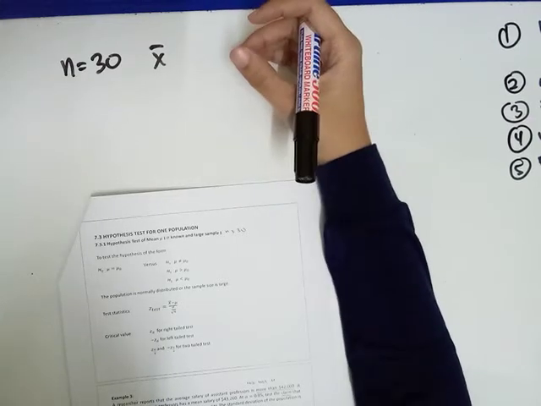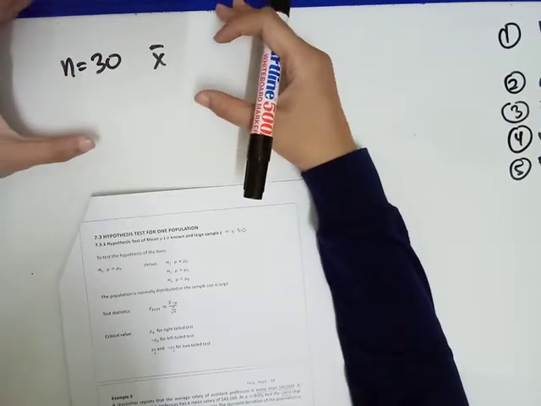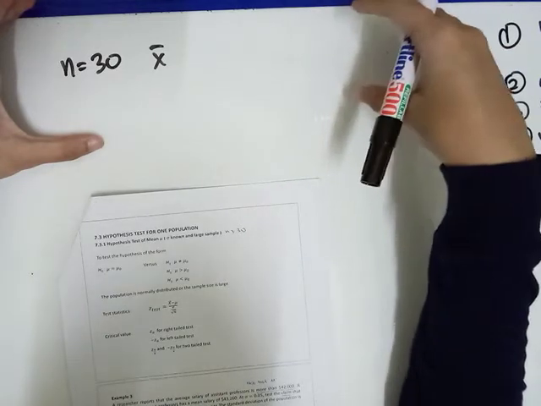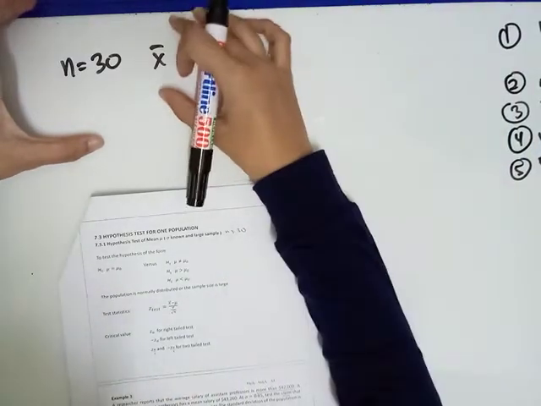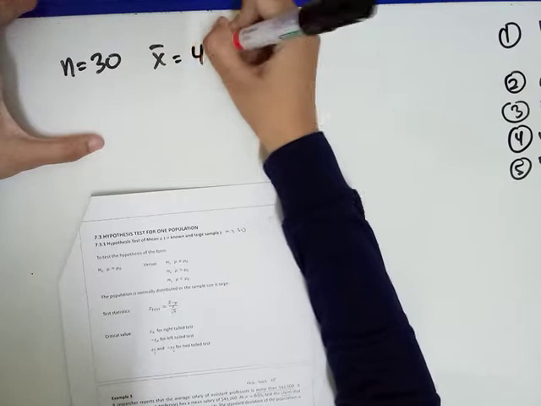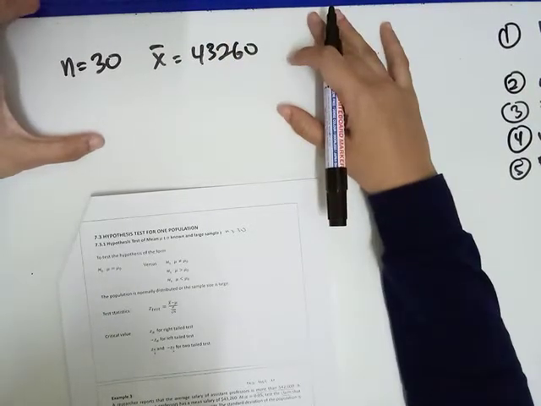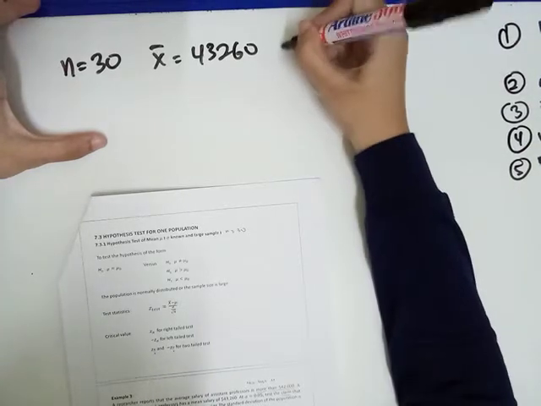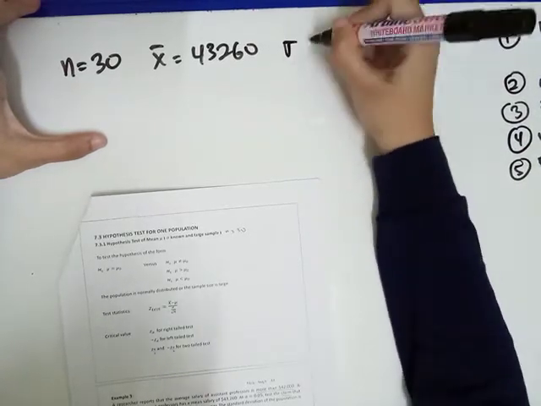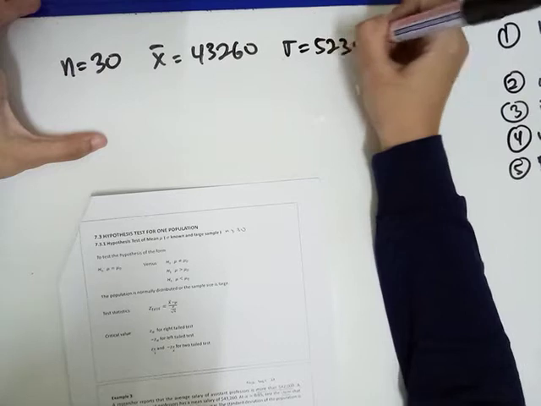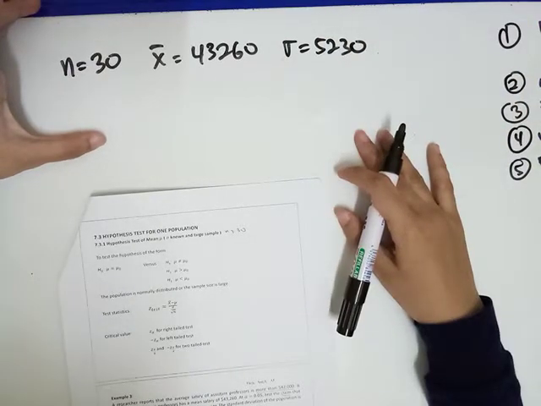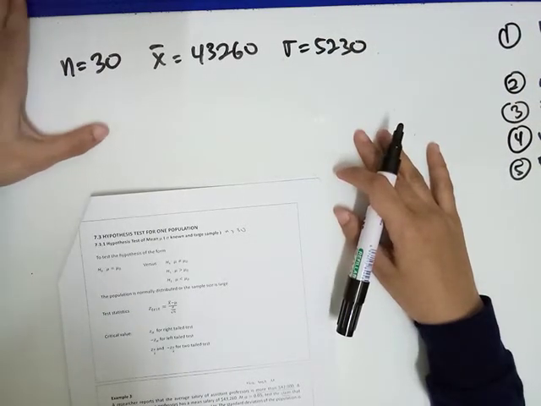And then the population standard deviation is 5230. Write down what is given in this statement.